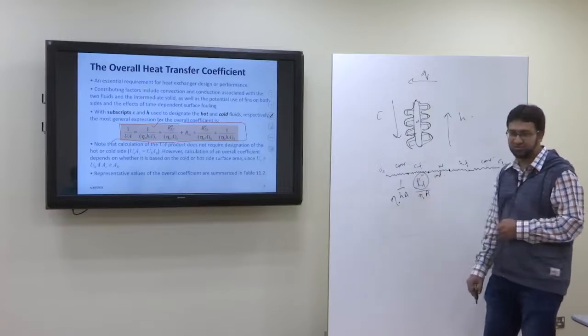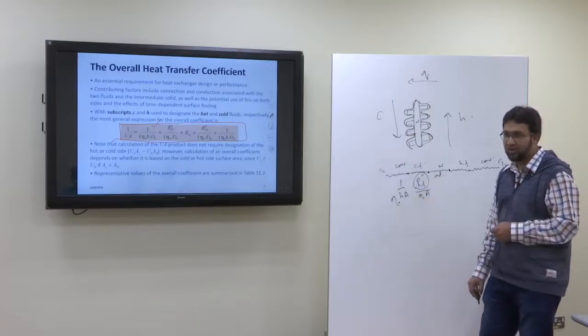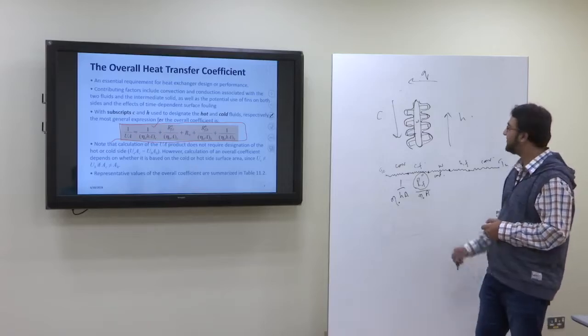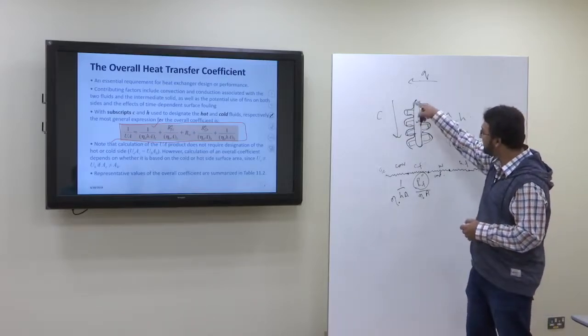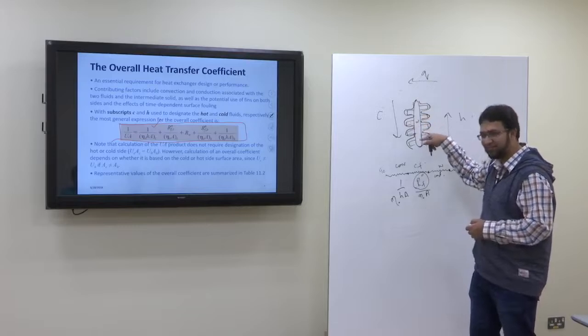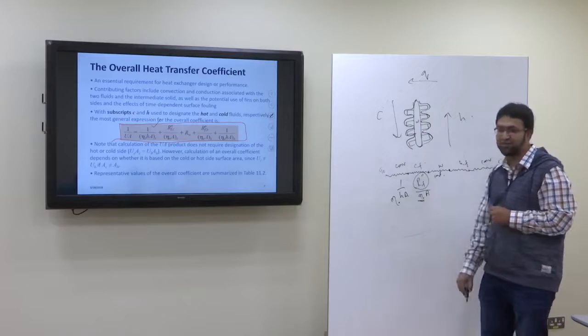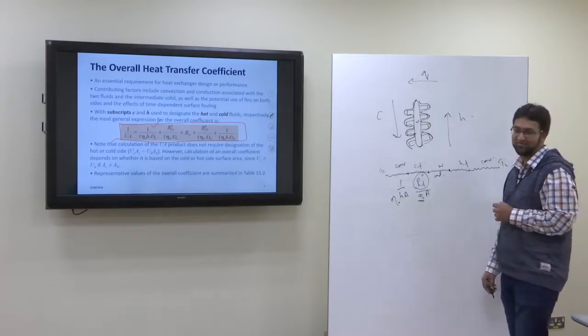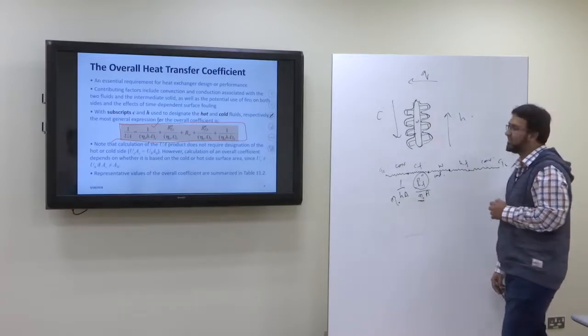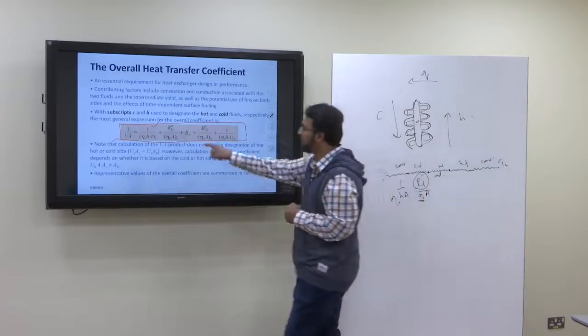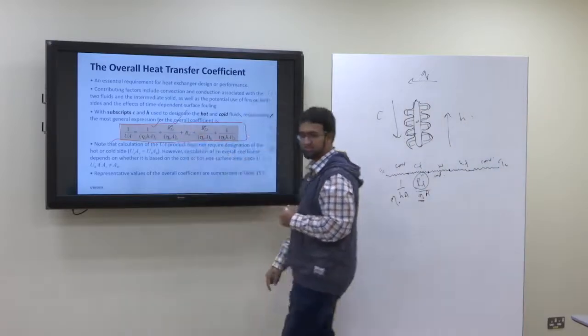This is the fouling resistance on the cold side. But the fouling on the cold side will not just be on the wall, it will be over the fins as well. Right? We have to add the coefficient. So that's why you have to include the fin efficiency in here as well. So that's the cold side fouling resistance.